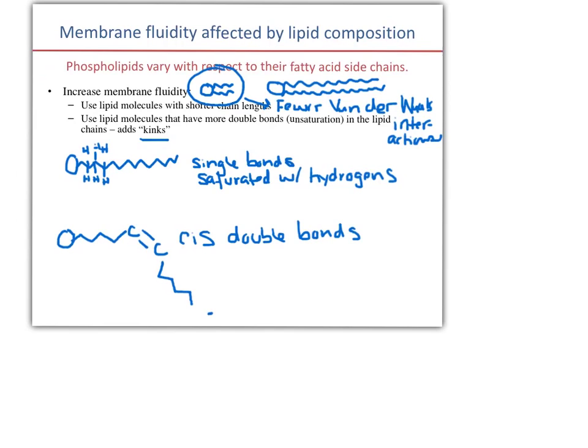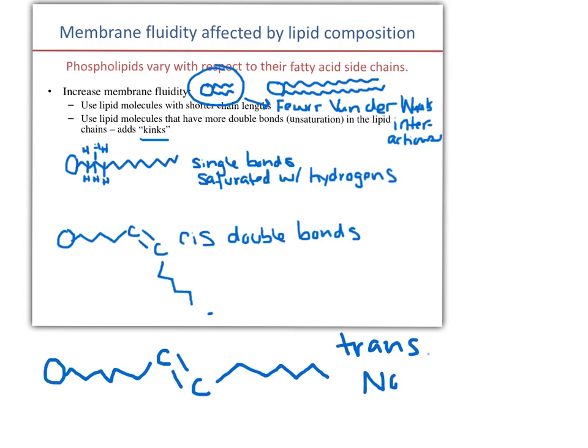Now I just want to give you an example of another type of double bond, because I don't want you to confuse cis and trans double bonds. It's the cis double bonds that add kinks, and the trans double bonds do not add kinks. So another way that double bonds can occur, we'll start out the same way. And trans just continues along its merry way.